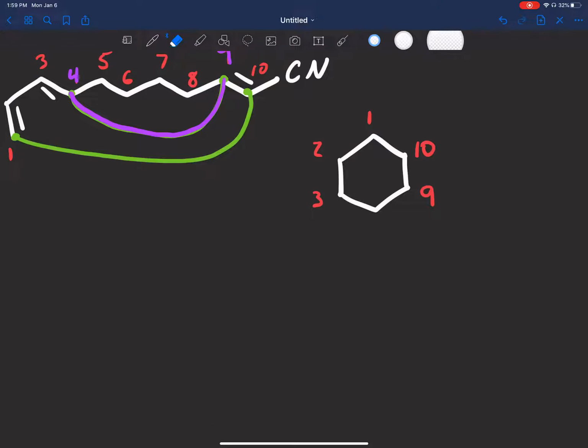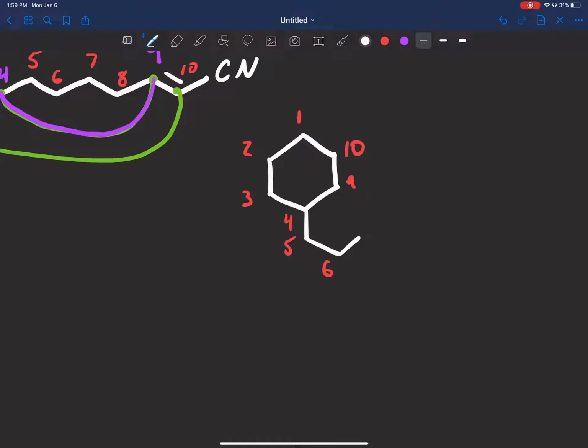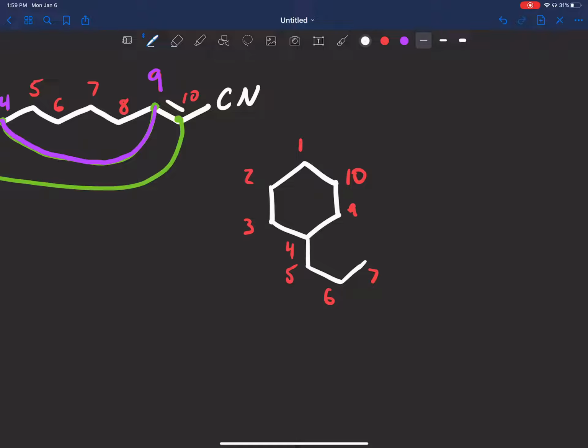So let me just move this over. Carbon 4 is connected to carbon 5, 5 is connected to carbon 6, 6 is connected to carbon 7, 7 is connected to carbon 8, and 8 is connected to carbon 9.